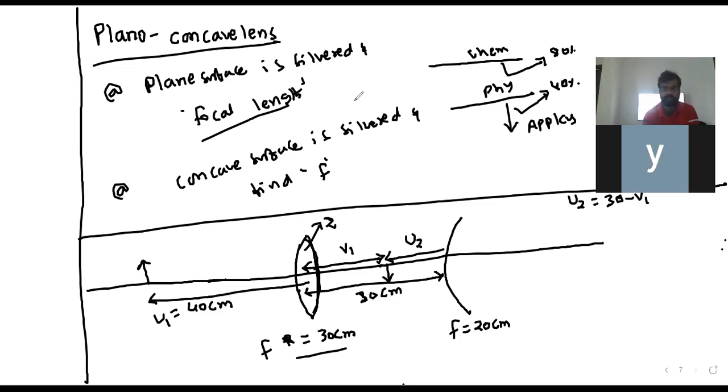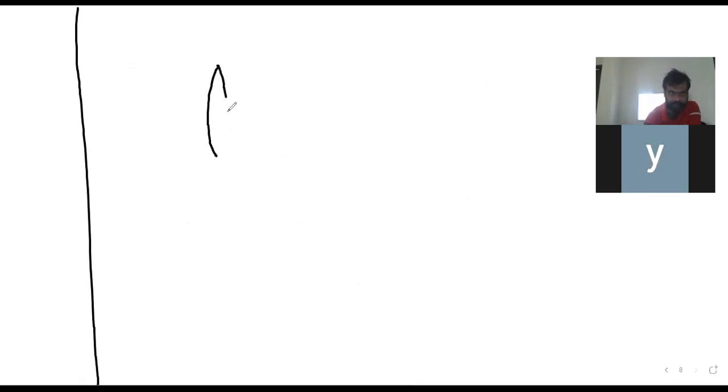Next one, that is lens and mirror. Suppose I am having a lens f1, and another lens f2. It is not necessary that it should be the same lens or a different lens.